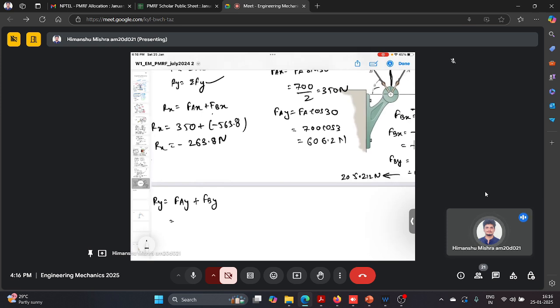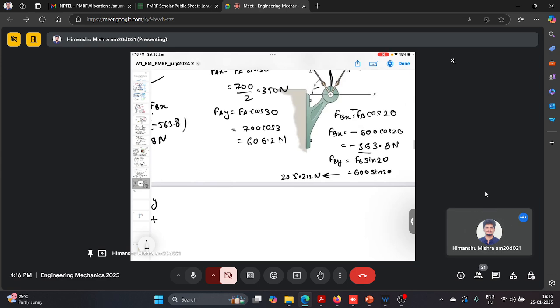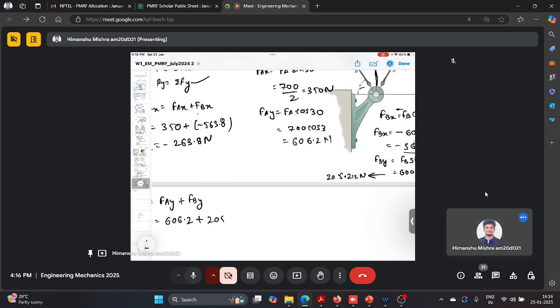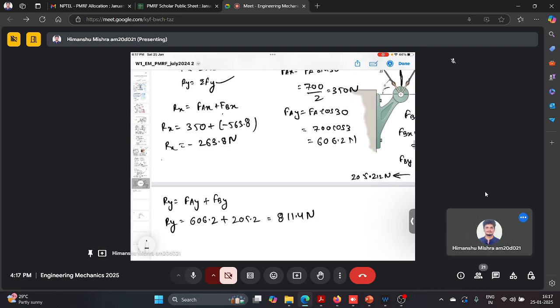So Fay is 606.2 and Fby is 205.2. So it will come out to be 811.4 Newton. This is my Ry. So we have calculated Rx and Ry.